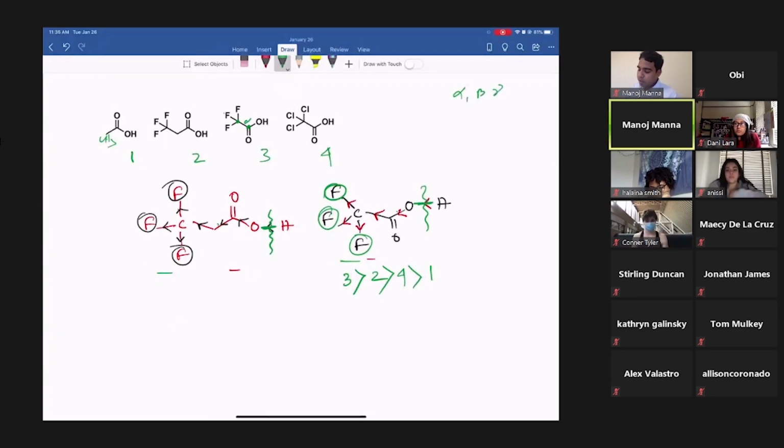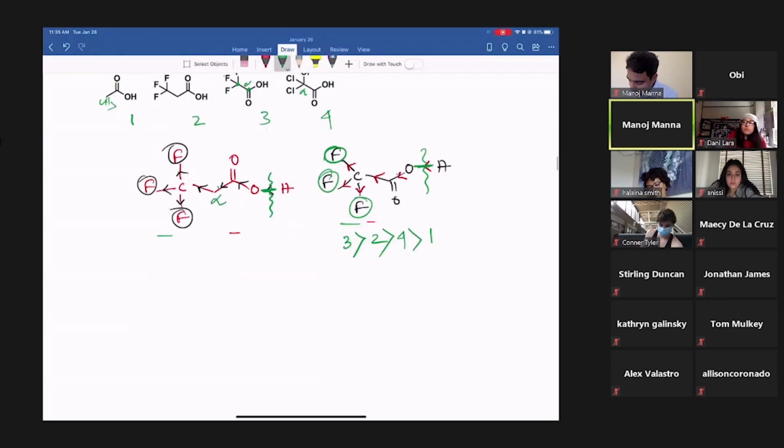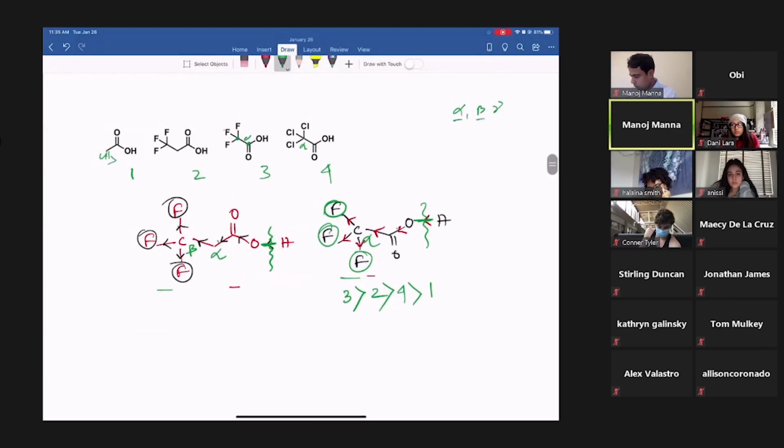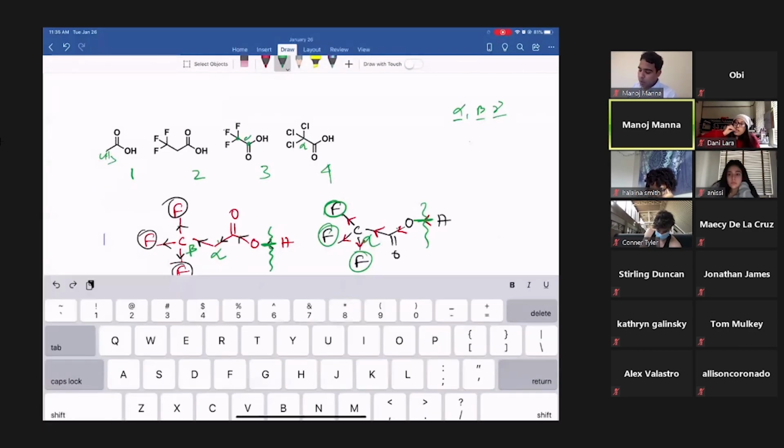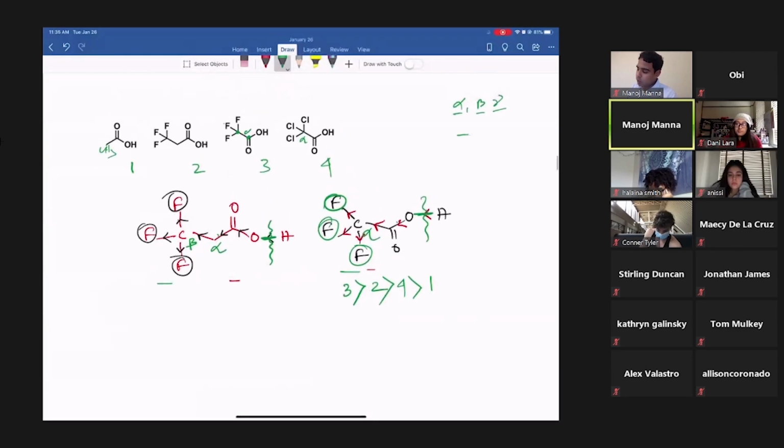If the carbon is directly connected to the functional group, we call it the alpha carbon. So for this case, this is the alpha carbon and this is the beta carbon. I didn't talk about what a functional group is, but here carboxylic, CO2H, is a carboxylic acid, and we call it a functional group.